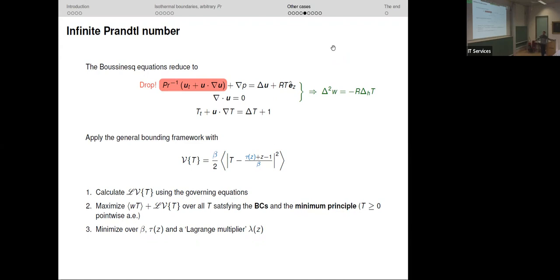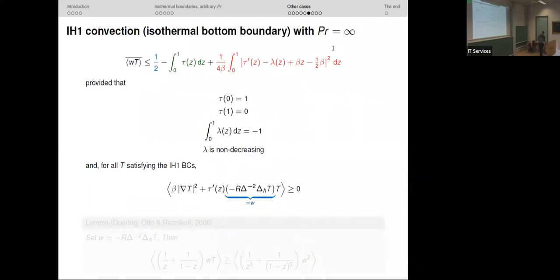Right, so we have much more control onto this product WT now, and we can play the same game. This time, this function V is just the energy of temperature perturbations. We don't need to consider explicitly the velocity because we have explicit slaving in terms of the temperature, but we can play the same game, and you can formulate a bounding problem that looks almost the same as what we had before, again, with the conditions where the integral of lambda was -1 and it had to be a non-decreasing function.